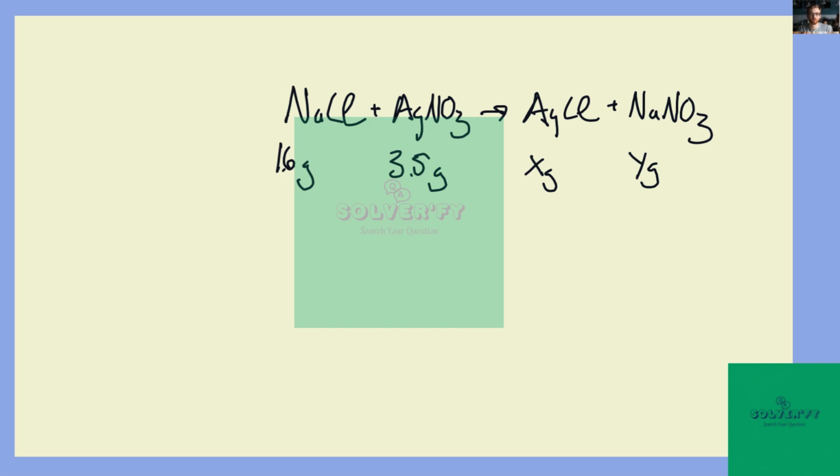Well, we use the molecular weight, right, which tells us that in every 1 mole of sodium chloride, we have 58.44 grams. So for each of these, we'll simply divide their given mass by the molecular weight, which means for sodium chloride, we have 1.6 divided by 58.44.